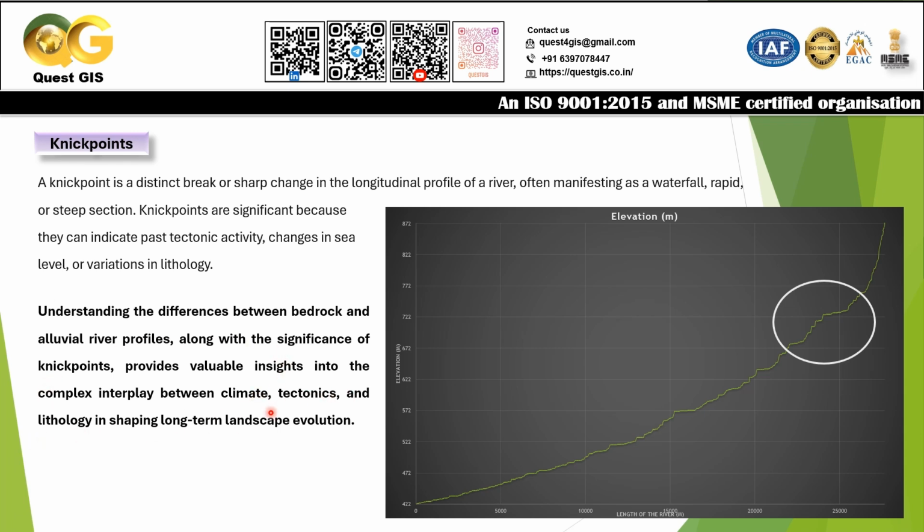All these factors occur together and change the shape of the landscape, or evolve the landscape which you see at present. The present-day landscape is the result of long-term processes that have been affecting it for thousands and millions of years. So these imprints along the river profile can be used as a proxy to understand landscape evolution.